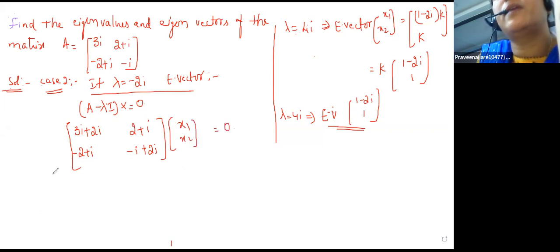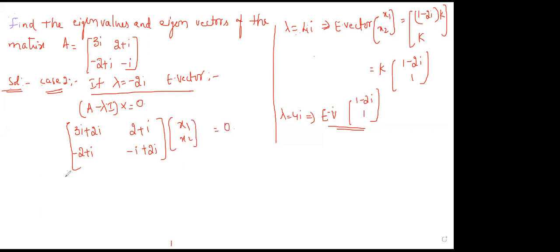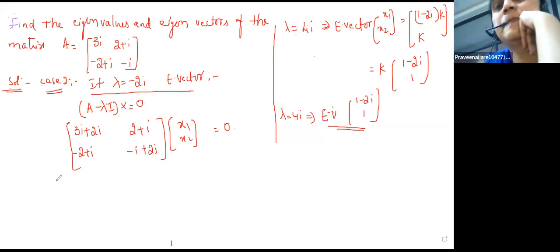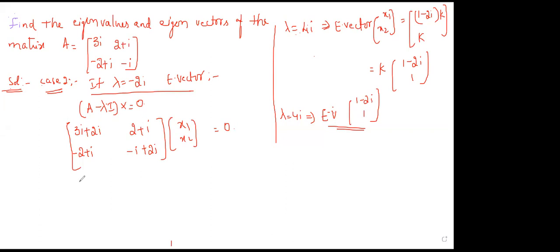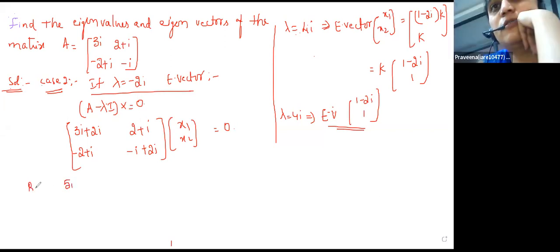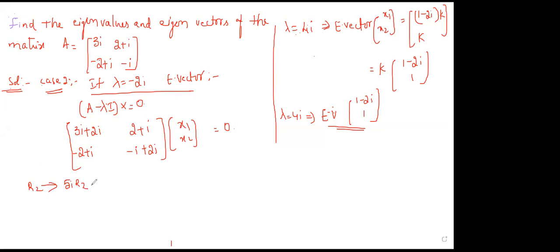Tell me the row operation. Now tell me the row operation for this. 5i R2 plus 2R1. 5 into I into R2. R2 tends to 5i R2 plus 2R1.